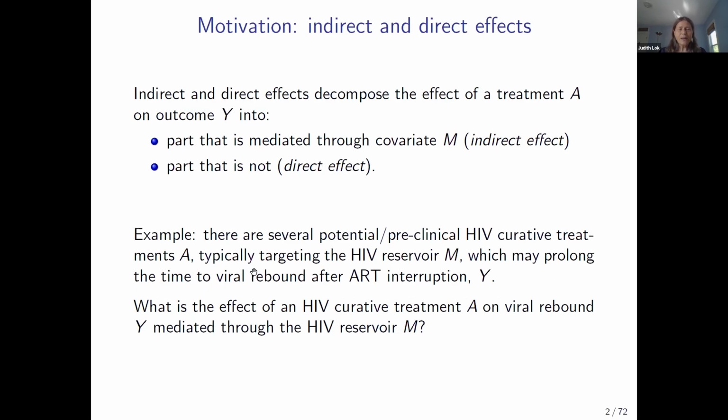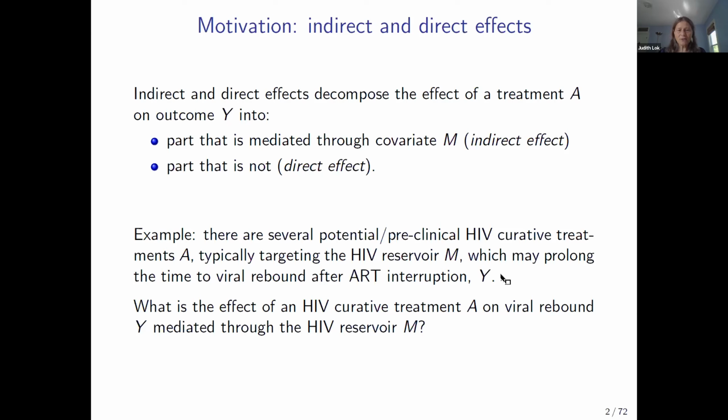Another example: there are several potential preclinical HIV curative treatments A, and they typically target the HIV reservoir, let's tentatively call it M, and that may prolong the time to viral rebound after ART interruption.